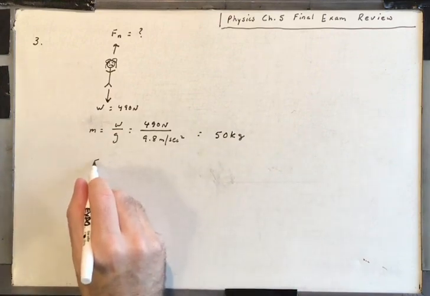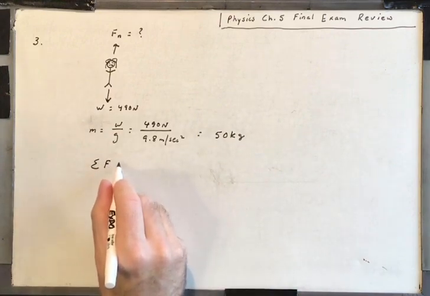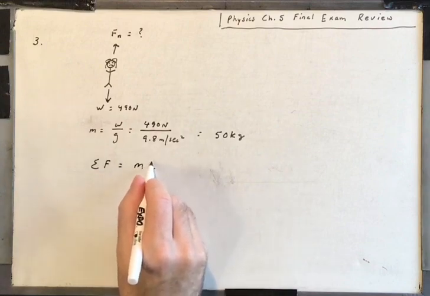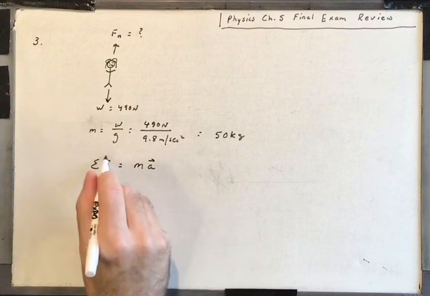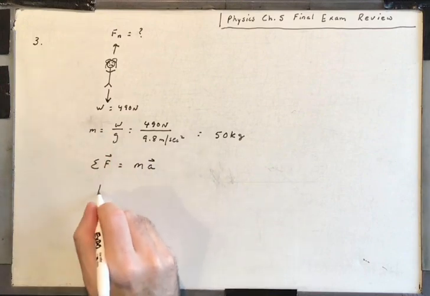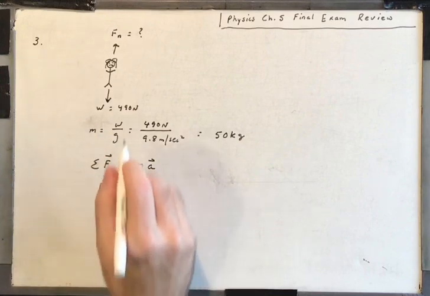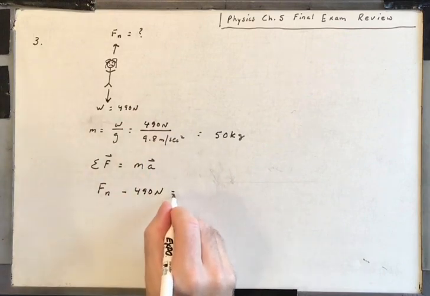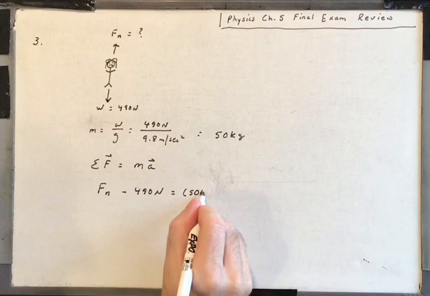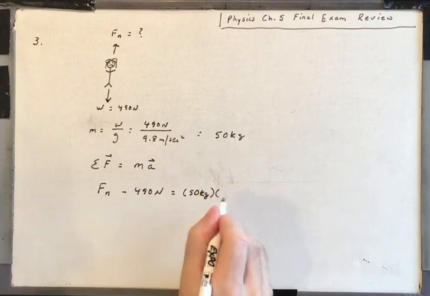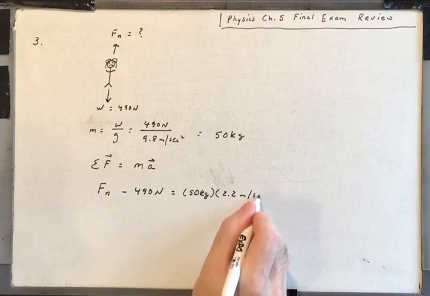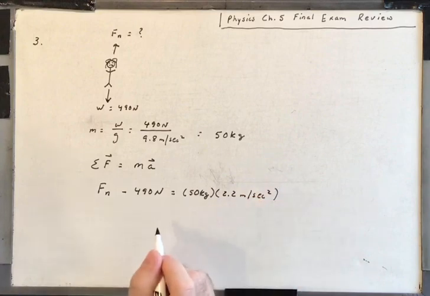Okay, so we know that the sum of all the forces on this elevator is equal to mass times acceleration. So that would be the normal force minus the weight going down, 490, equals the mass, 50 kilograms, times acceleration, 2.2 meters per second squared.